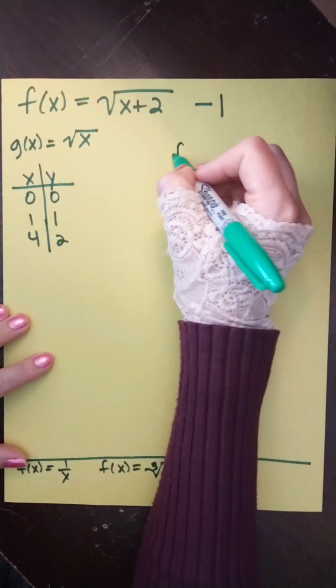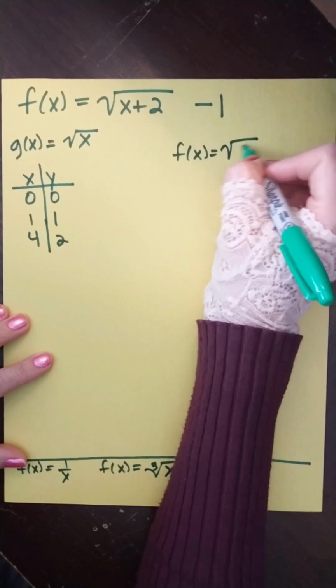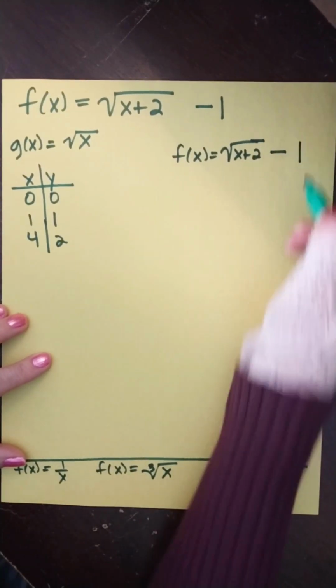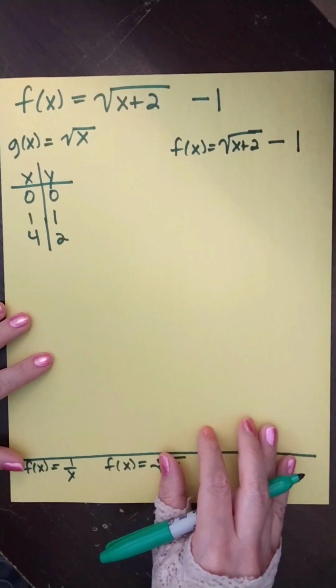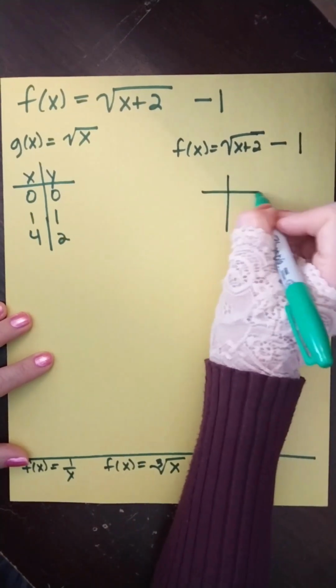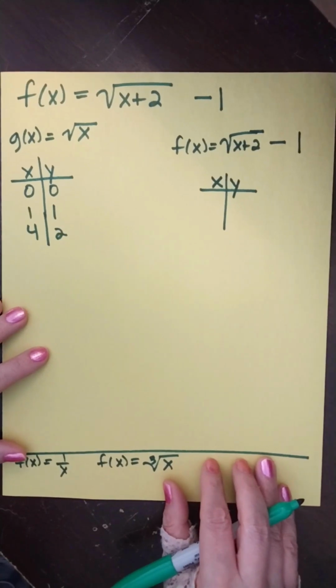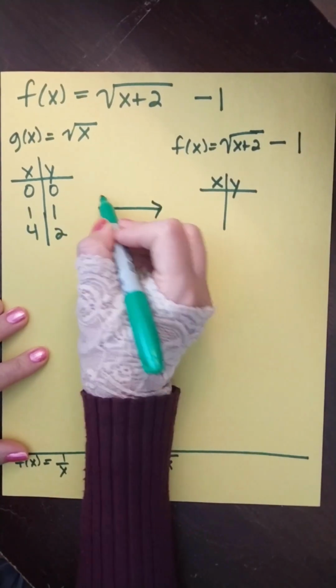And then the next step I like to take is to rewrite the function that I'm actually going to graph and put some points to go with that.